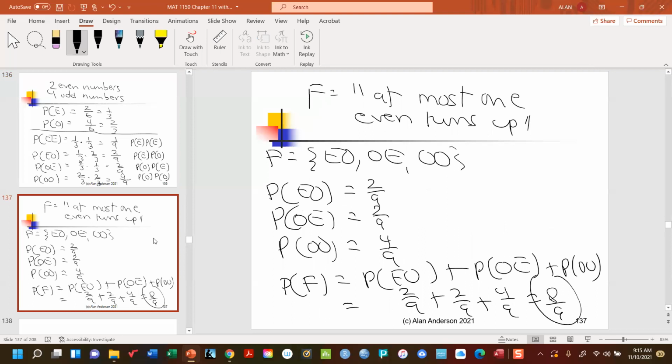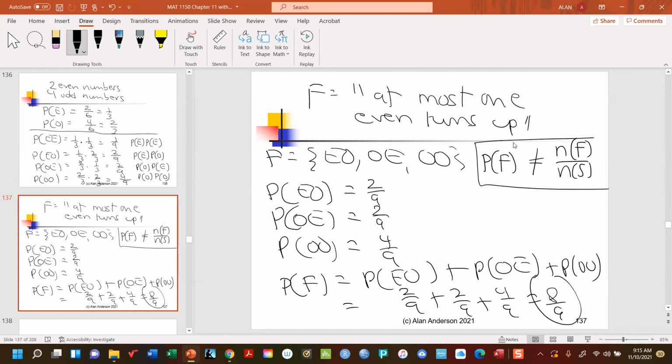Now, because they're not all equally likely, we cannot calculate this as simply the number of elements in F over the number of elements in the entire sample space. Let me write it like this. Instead, we're going to write down the individual probabilities, which we saw in the previous slide.